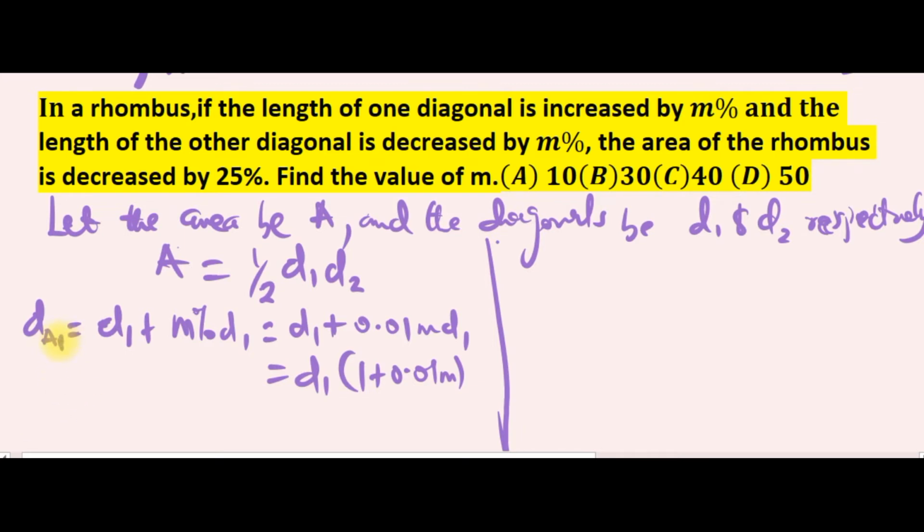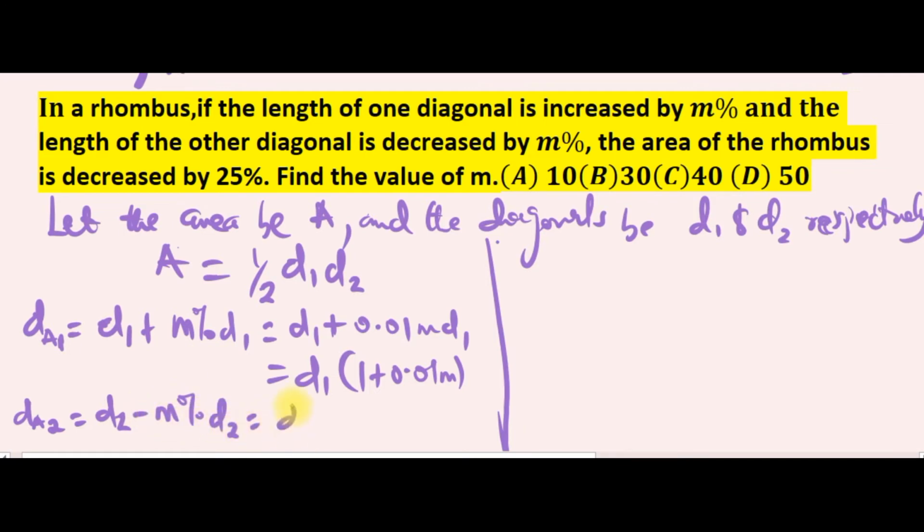The second diagonal is now DA2, decreased by m%, which is D2 minus m% of D2.